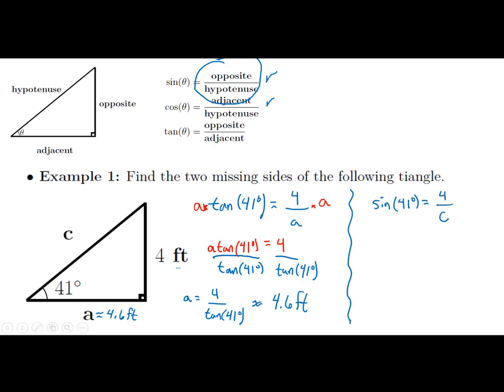And of course the algebra works the same way it did in the previous problem. We'll just multiply by c on both sides. So c times the sine of 41 degrees is equal to 4. And then I can divide both sides by the sine of 41 degrees because it is just a number.